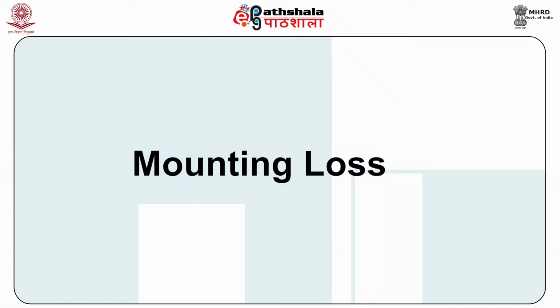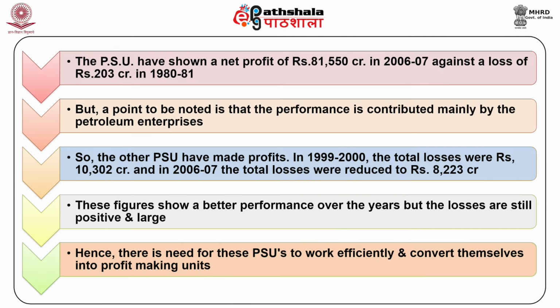First, mounting losses. The PSUs have shown a net profit of rupees 81,550 crore in 2006-07 against a loss of rupees 203 crore in 1980-81. But a point to be noted is that the performance is contributed mainly by the petroleum industries. So, the other PSUs have not made profits.